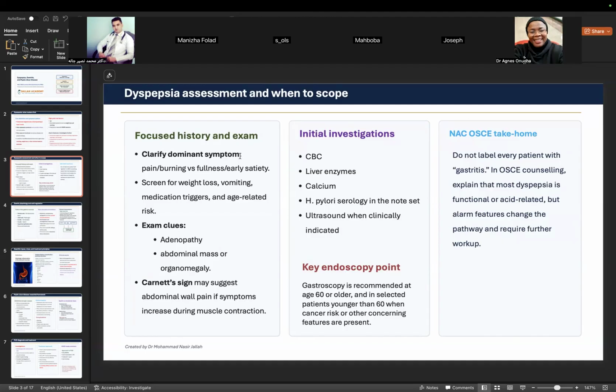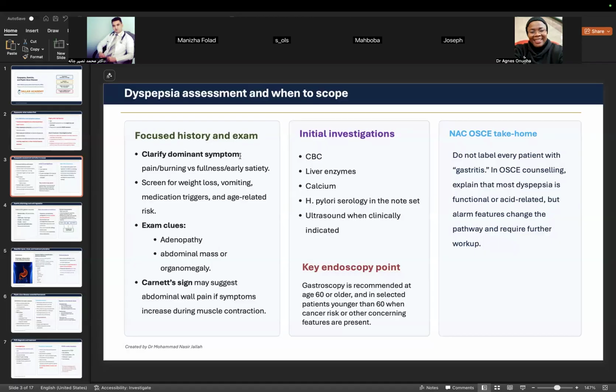So initial investigation: CBC, liver enzyme, calcium, H. pylori serology in the notes that we have, ultrasound when clinically indicated. Key endoscopy points: gastroscopy is recommended at age 60 or older, and in selected patients younger than 60 when the cancer risk or other concerning features are present.